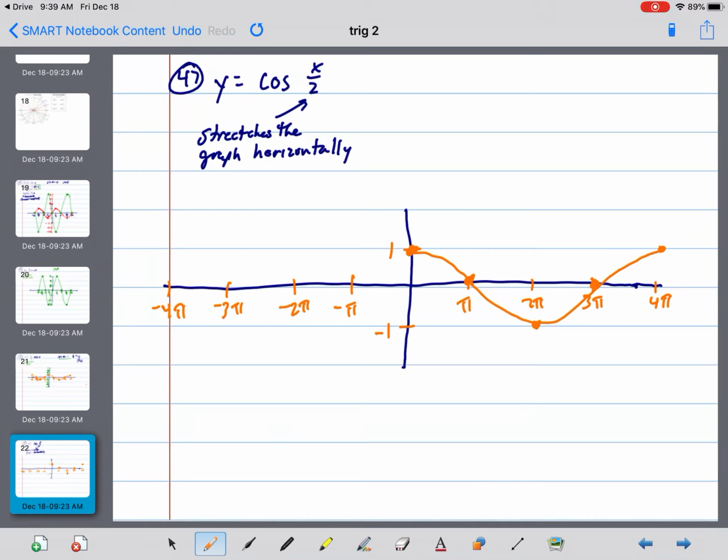And then, so it's going to do this kind of curve here. All right, and then over here, it's going to be 0 here, -1 here, 0 here, +1 there. So it's going to flow that way. All right, so that when they put that number with the x, then it stretches it. All right, that's what I got for this one.